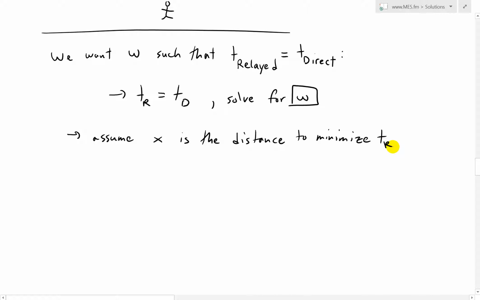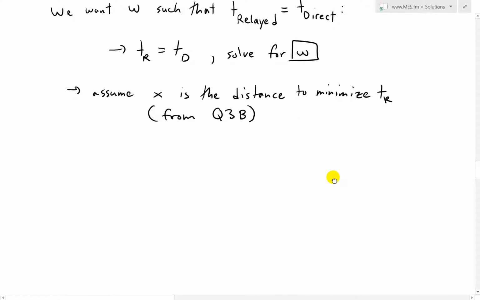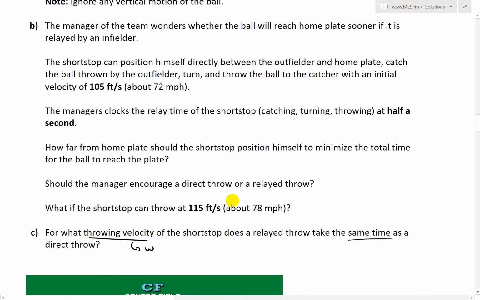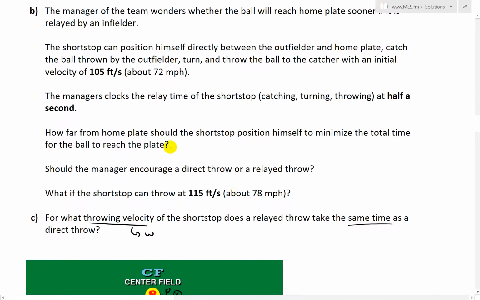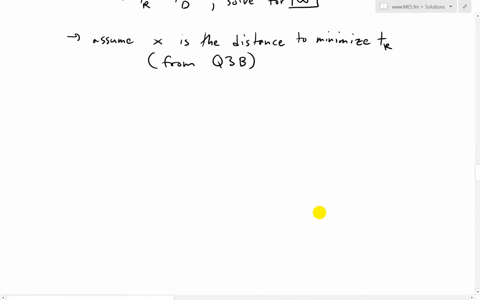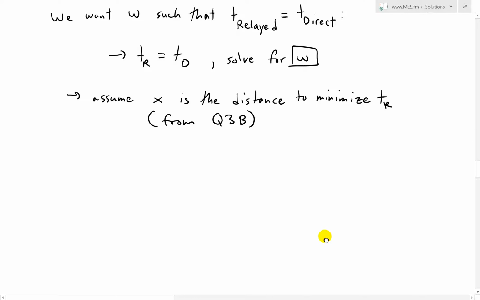And again, this was from question 3, part B. I went over that in that video, and that's what we solved as well. So how far from home plate should the shortstop position himself to minimize the total time, and that's what the distance is. This was X, and I'll go over that formula in a bit as well. I'll just recap on it.